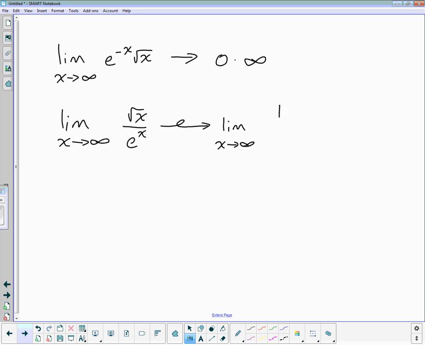And now we get 1 over 2 square roots of x times 1 over e to the x. Okay, well, now what? So we have this weird product in my denominator. And if I take my limit now, what do I wind up getting?